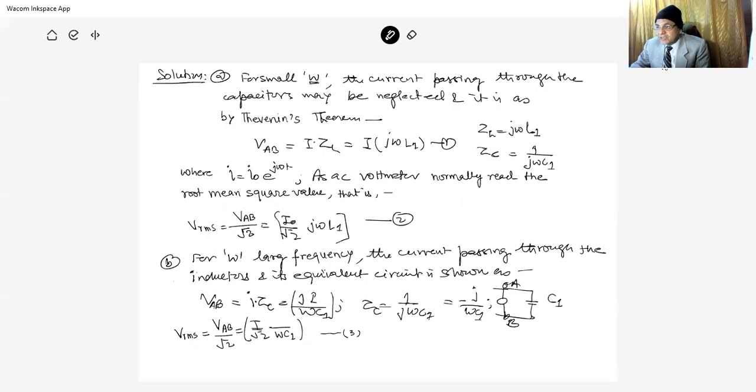For high frequency or larger frequency, the current passes through the inductor and its equivalent circuit is shown. This is the equivalent circuit, and the voltage VAB is equal to I into ZC, that is ZC is equal to 1 upon j omega C1.